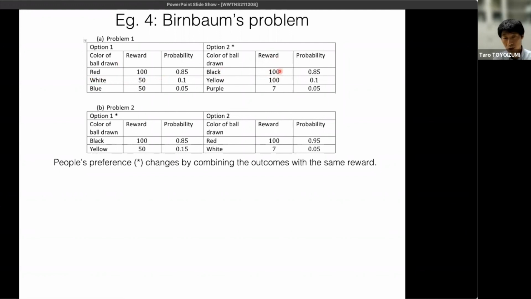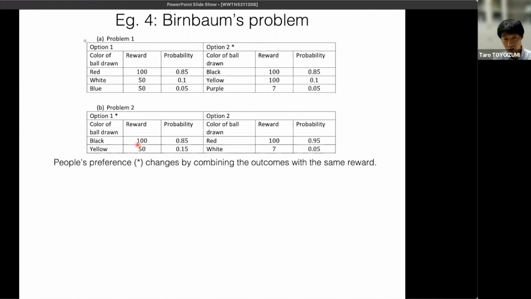Problem one, which involves multiple same outcomes, same rewards, is compared with problem two. Problem two basically combines the same rewards. So there are 250 entries here, but they are combined in problem two, and the probability is just the sum of this 10% plus 5%.